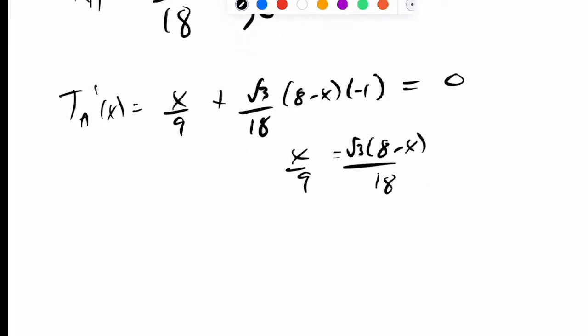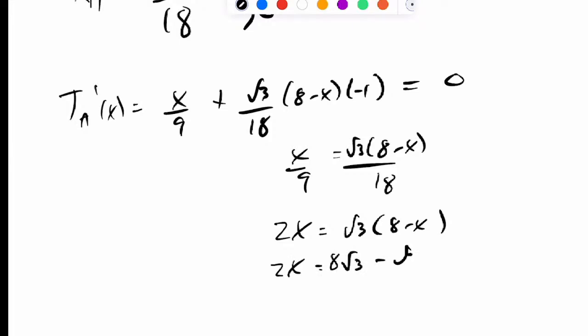Right, so now multiply across by 18, you get 2x is root 3 times (8 minus x). 2x is 8 root 3 minus root 3 x.